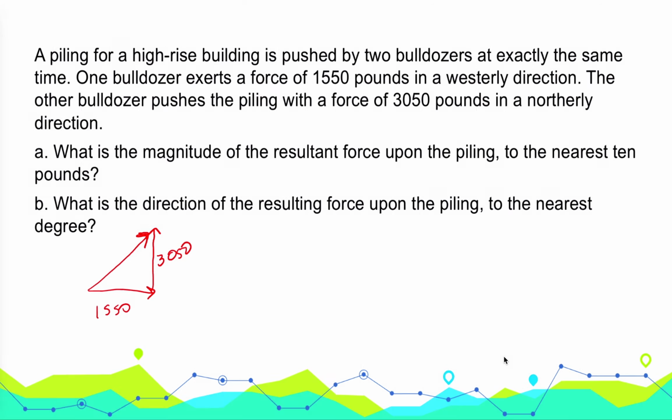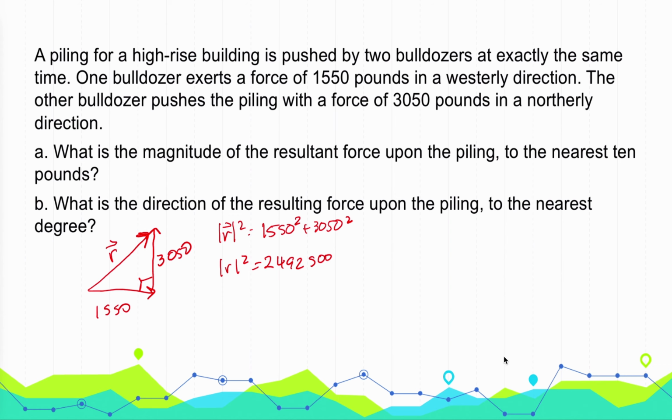The magnitude of the resultant vector is going to be the length of this hypotenuse. So we'll call this resultant vector r. The magnitude of r squared is 1,550 squared plus 3,050 squared, which is 2,492,500?